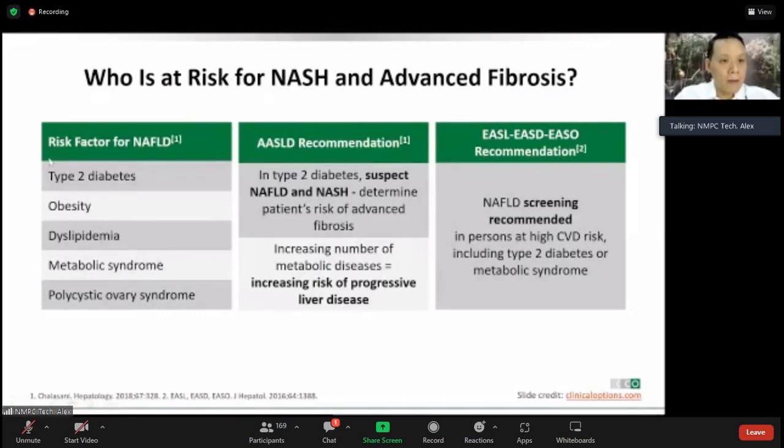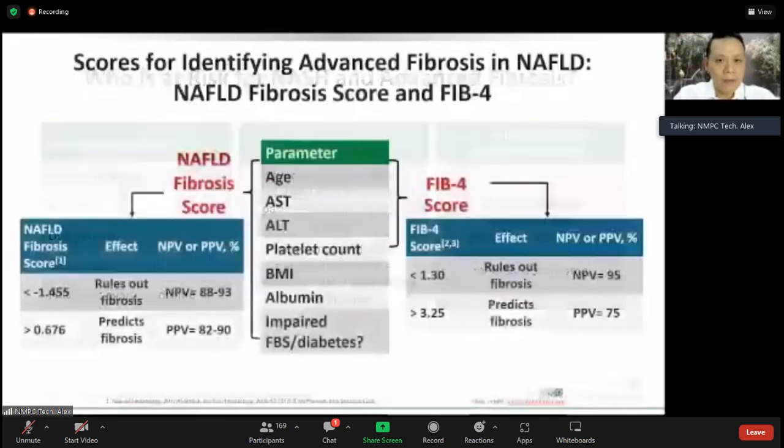And more importantly, as I've mentioned earlier, it's very important to diagnose earlier. And if you have a patient with type 2 diabetes, or a patient who's obese, or has dyslipidemia, or with a metabolic syndrome or PCOS, then these patients need to be screened for fatty liver disease and worked up for liver dysfunction, as well as check for the level of fibrosis.